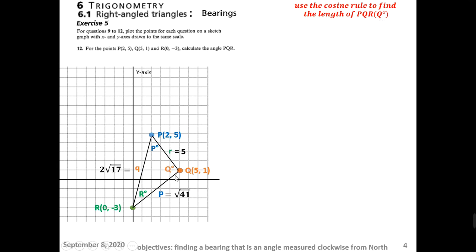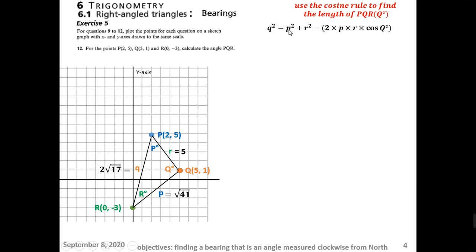Since we're finding Q capital, we're going to start our formula by writing Q squared. We start with the opposite side to Q. So Q squared is equal to, what are the other two sides?